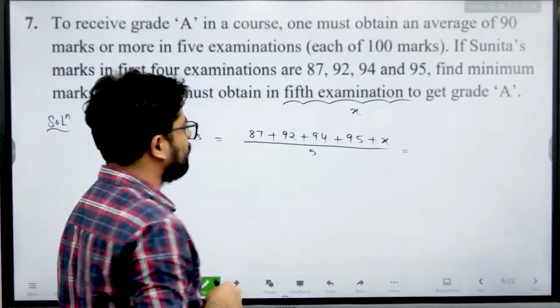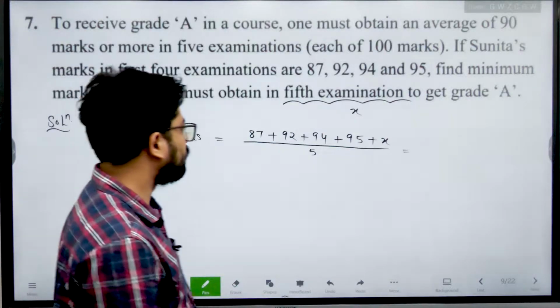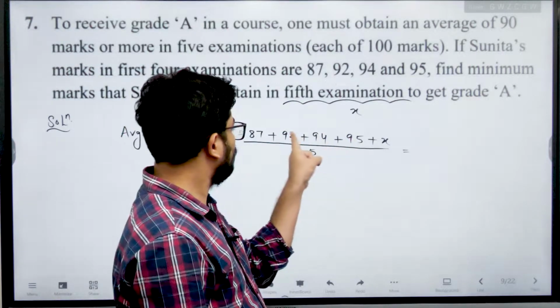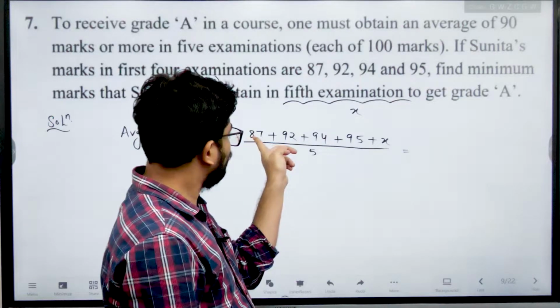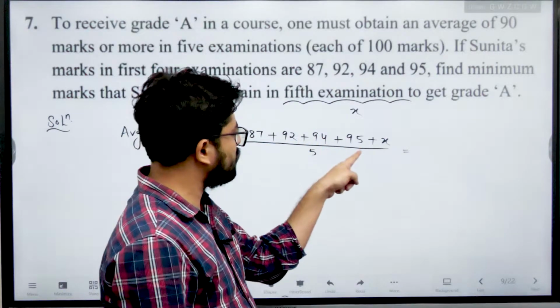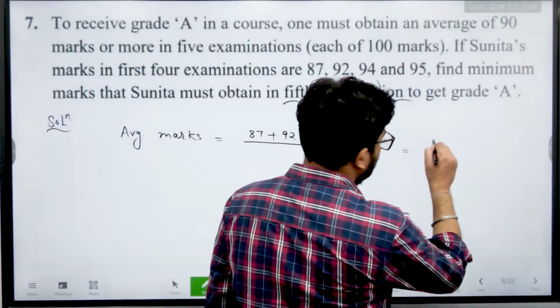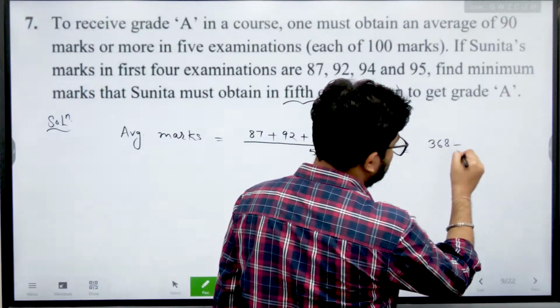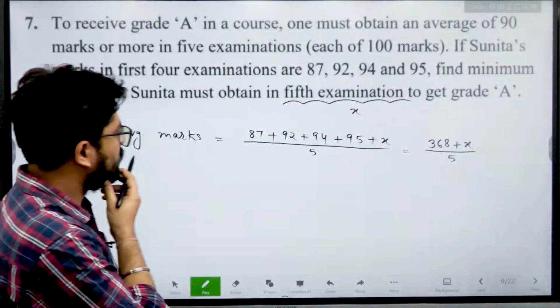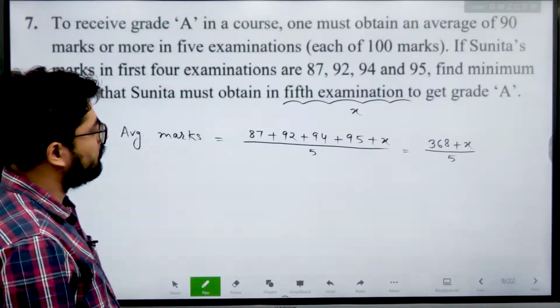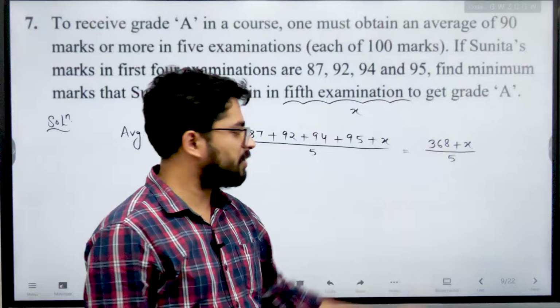Now 87 plus 92 plus 94 plus 95, add them: 360, 363, 368. So average is 368 plus x by 5.